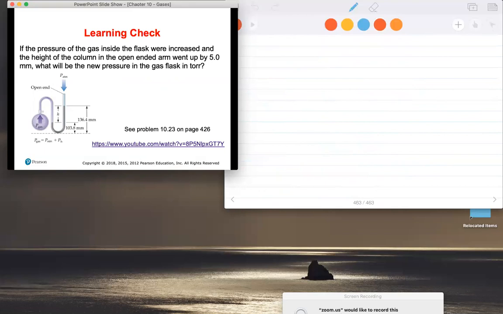If the pressure of a gas inside the flask, which is this one right here, were increased and the height of the column in the open end went up by 5.5 millimeters mercury, what will be the new pressure of the gas? It's assumed that in this problem, the atmospheric pressure was given.